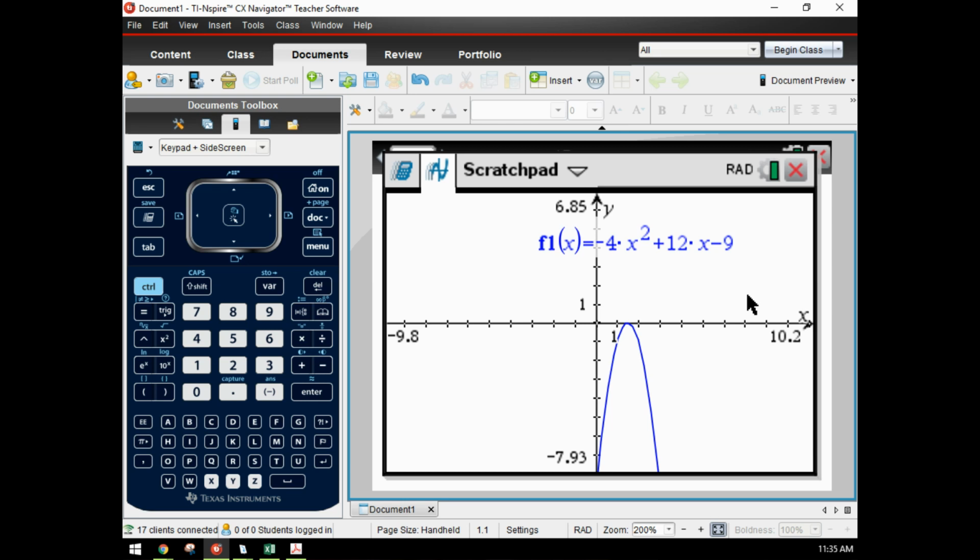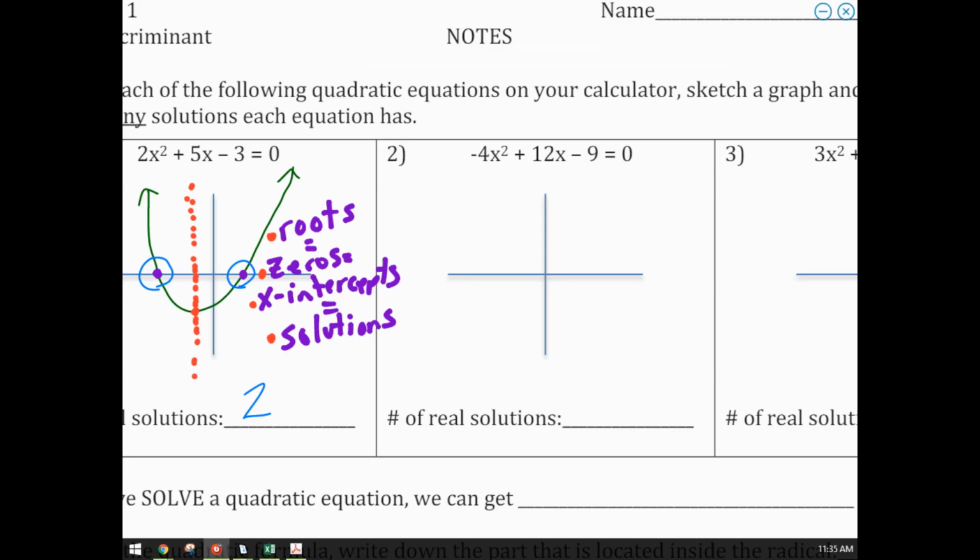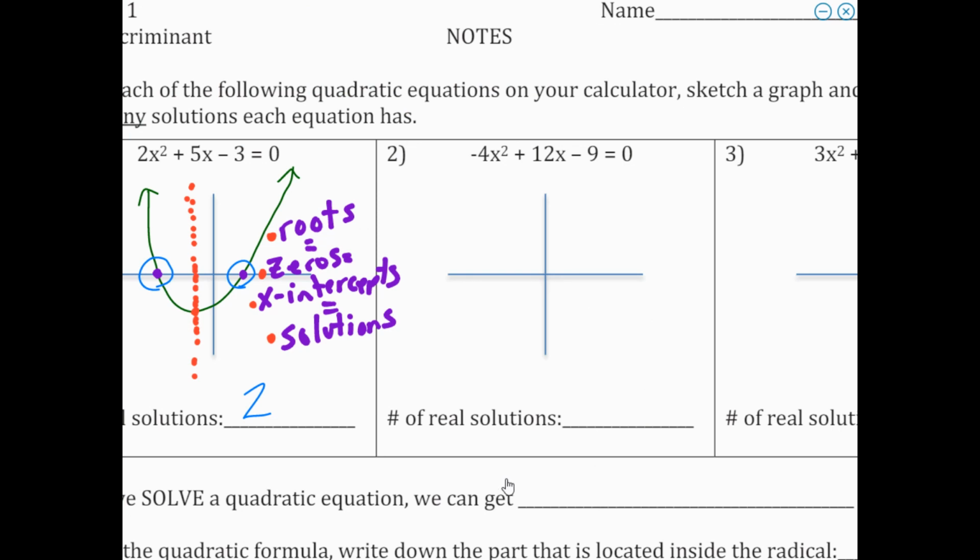So when you graph it on your notes, it's going to be upside down and it's going to be a little bit over touching your x-axis. So when I graph it, that's going to look something like this. How many solutions is this one going to have? 1. Right there at the vertex, actually.